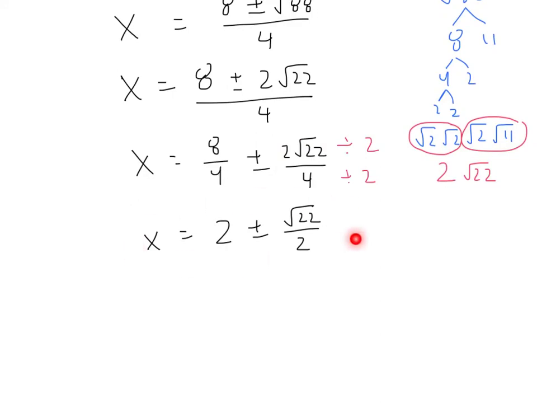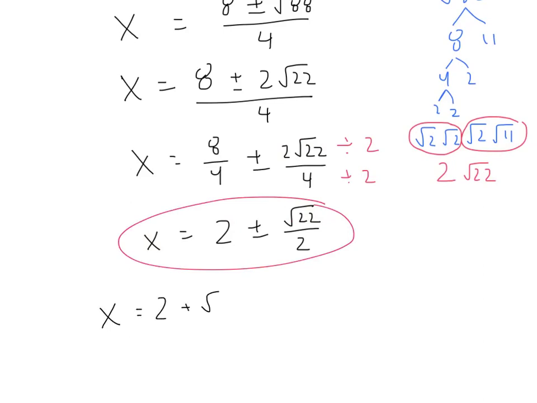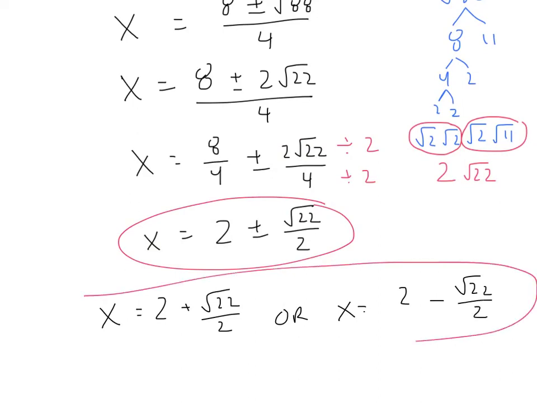So you can either write your answer like this, or another way would be x equals 2 plus radical 22 over 2, or x equals 2 minus radical 22 over 2. Either way would be fine. Hope you did well with that. We'll do some more of these in class.